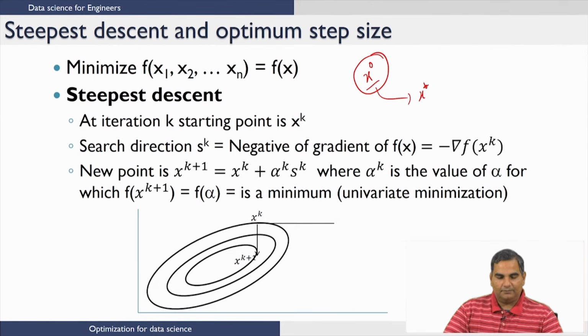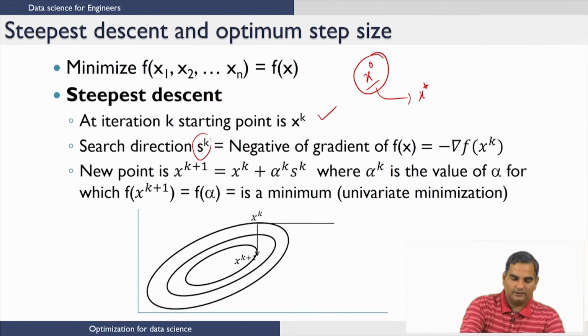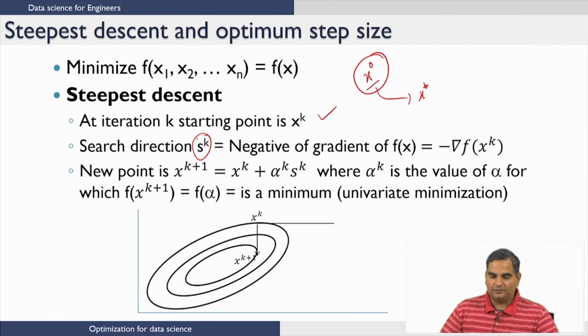As I said before, we start at this point xk, and then we need to find a search direction. Without going into too much detail, the steepest descent search direction sk is basically the negative of the gradient of f of x, where f of x is your objective function.